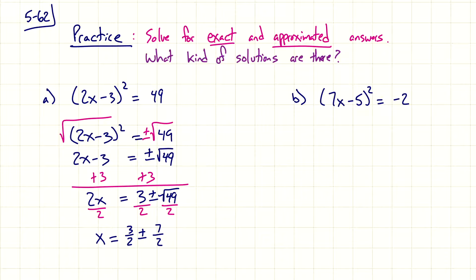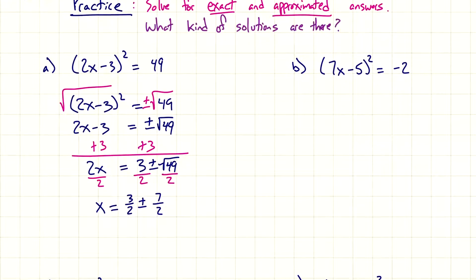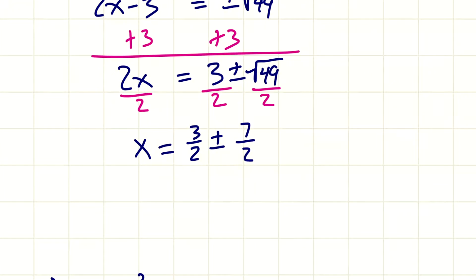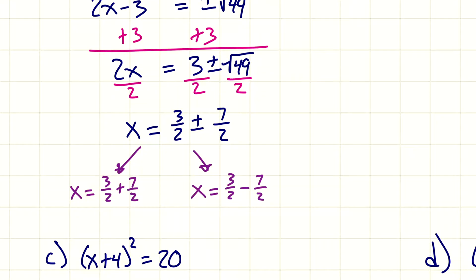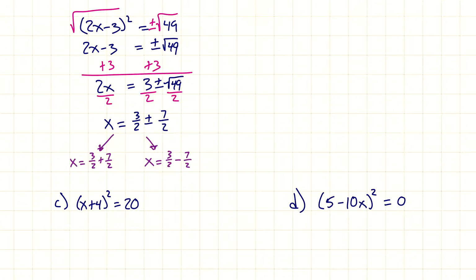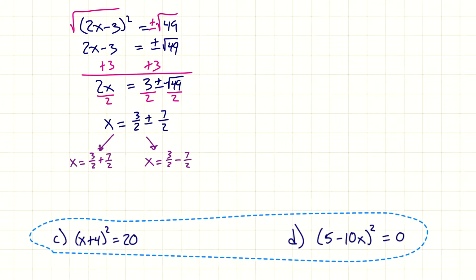So what I notice is we could actually simplify that even more. I'm going to split this up into two answers. We're going to have x equals 3 over 2 plus 7 over 2, and x equals 3 over 2 minus 7 over 2. I think I need to move these other problems a little bit lower.